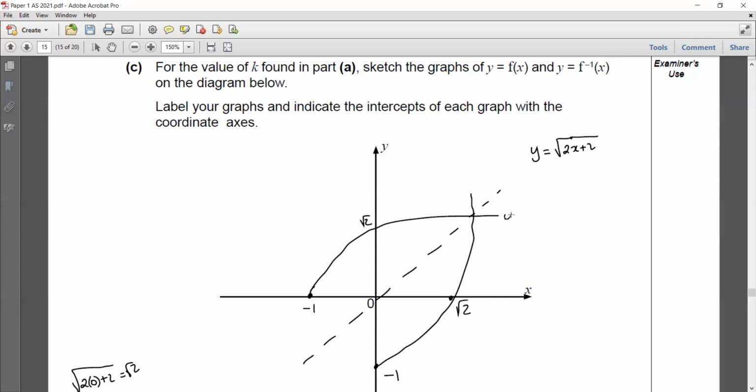So this is y is equal to the square root of 2x plus 2. And then this is y is equal to x squared minus 2 over 2. So this is your f of x, and this is your f inverse of x.